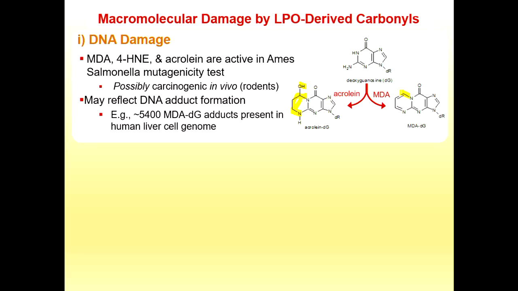MDA, malondialdehyde, forms with a hydroxy group attached to it. In the case of acrolein, it's called a propano hydroxy ring. But in the case of malondialdehyde, it forms this unsubstituted ring. Okay, so these have been found in the genome and they arise endogenously just due to normal production of these substances.